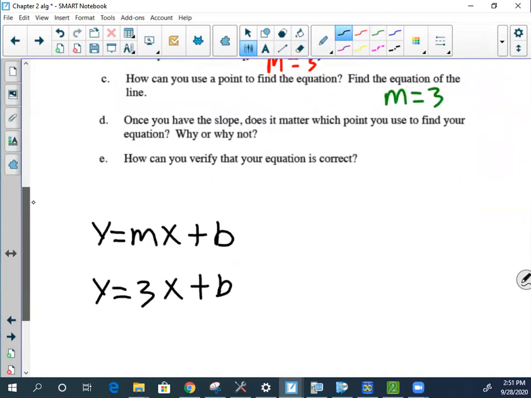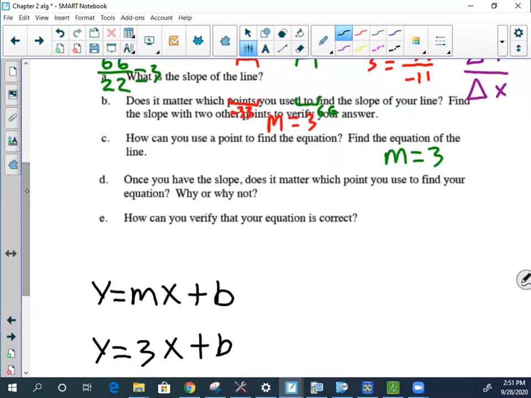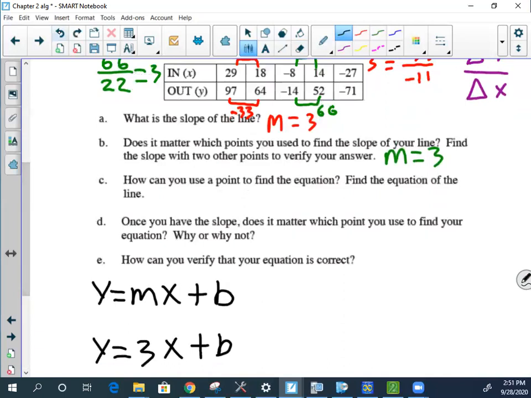What I can do now is choose any one of these points to substitute in. I'm going to choose the negative 8, negative 14. I'm going to take that negative 14 and put it in for my y value, and my x value of negative 8 goes in for x.